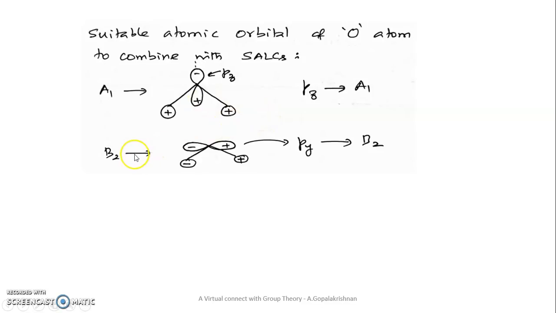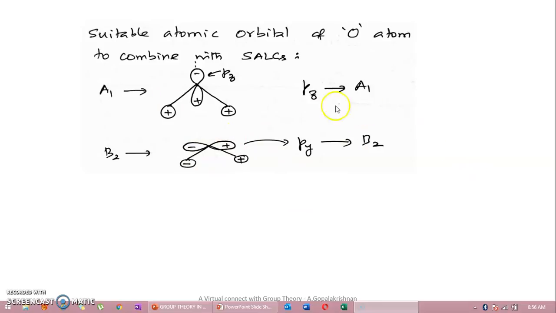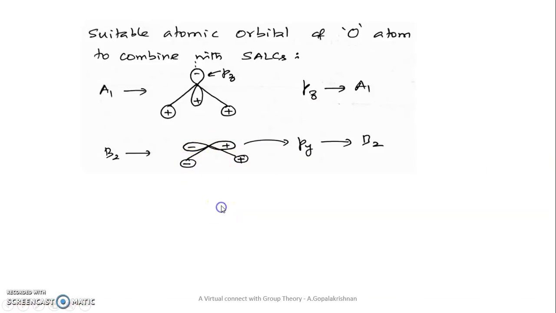Similarly, for the second irreducible representation, this is the structure of the group orbital. Here we have a minus sign, here we have a plus. The suitable atomic orbital for the second group orbital is the py orbital. See, positive lobe and here positive, so they can combine.